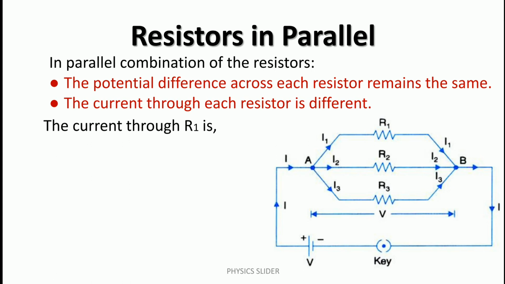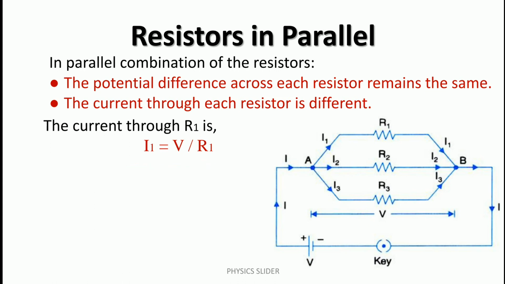Now the current through R1, with the help of Ohm's law, will be I1 is equal to V upon R1. We are taking this V as V, we are not taking V1, because the potential is the same for all the three resistors. So I1 is equal to V upon R1.